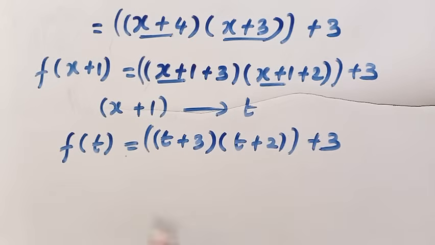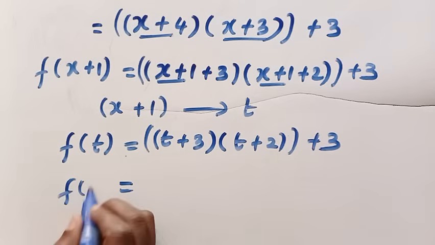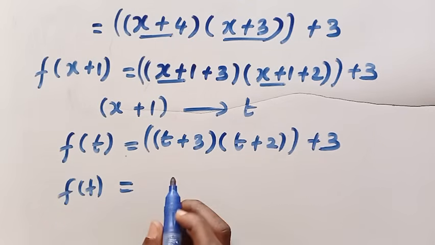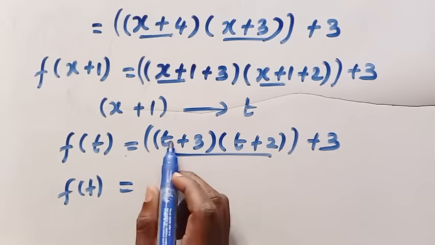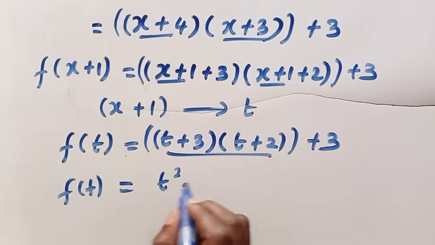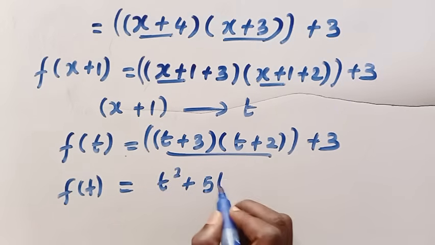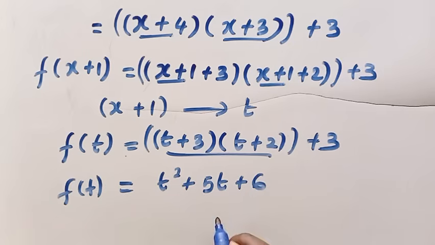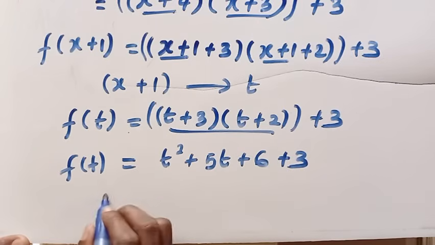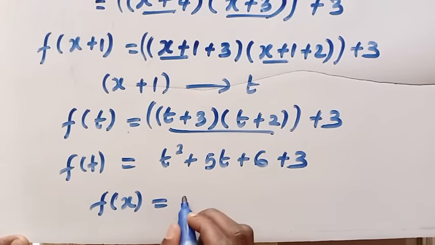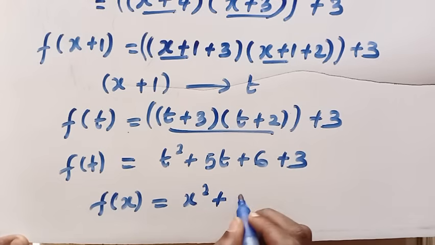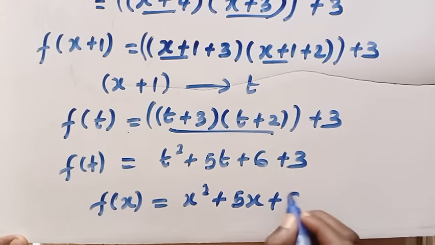On getting this, we have f(t), which equals, let's expand only this in bracket, t multiplied by t, that is t², plus 5t + 6, then plus 3. So changing this one to x, we have f(x) = x² + 5x + 9.